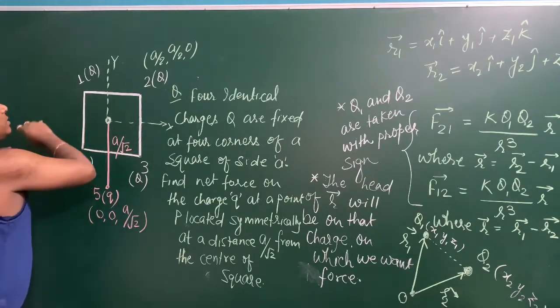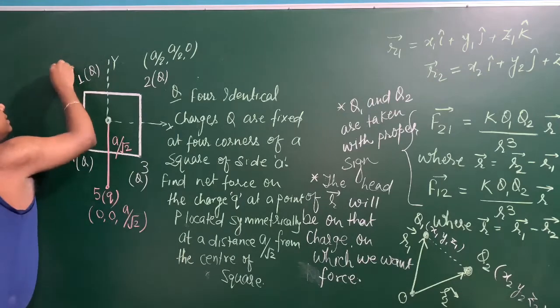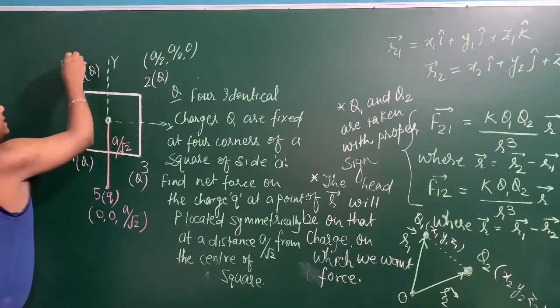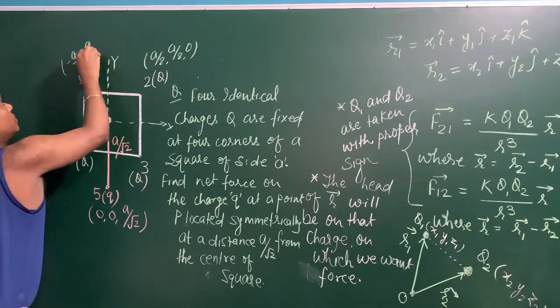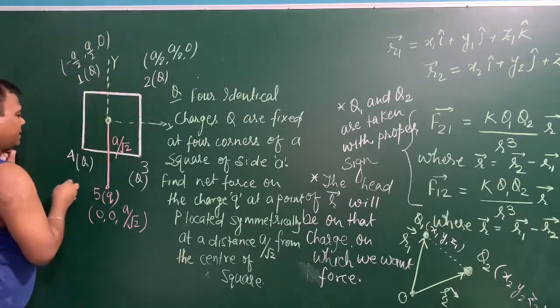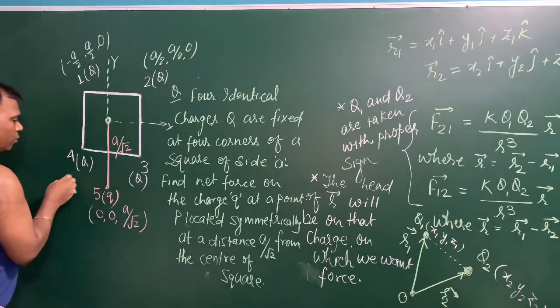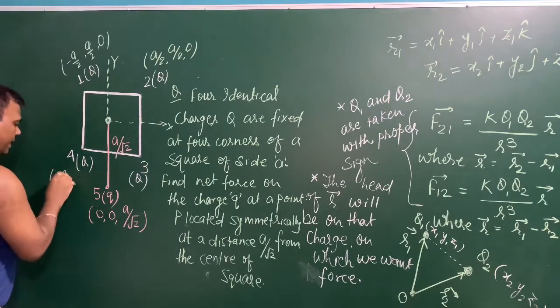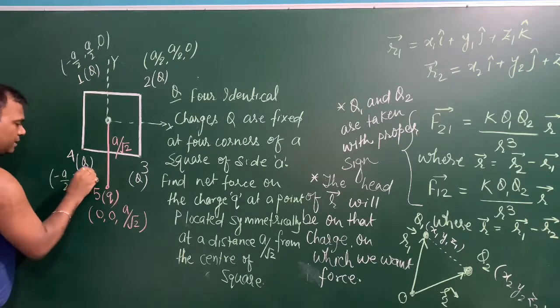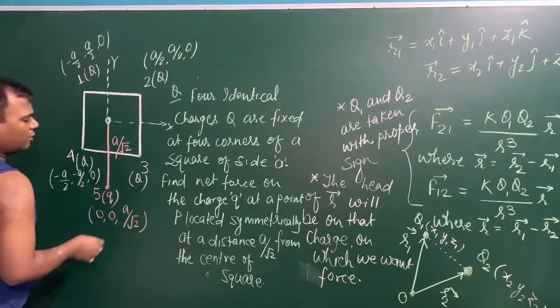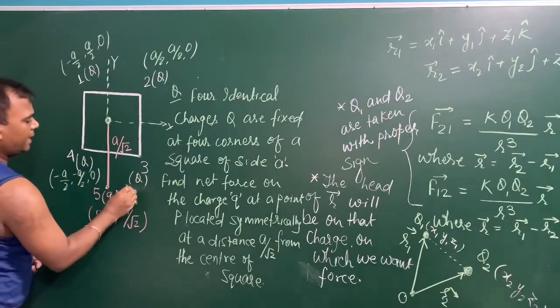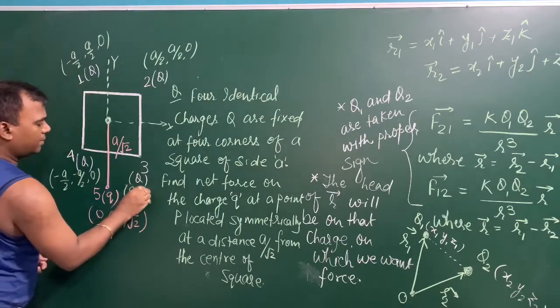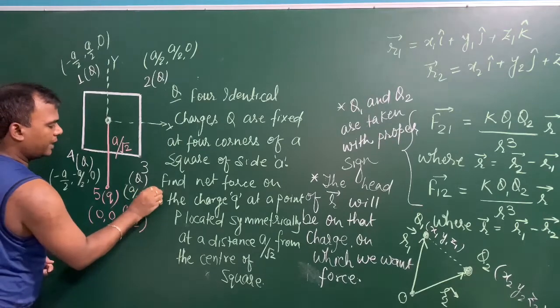The coordinate of charge 1 is minus a by 2, a by 2, 0, and the coordinate of 4 is minus a by 2, minus a by 2, 0, and the coordinate of 3 is a by 2, minus a by 2, 0.